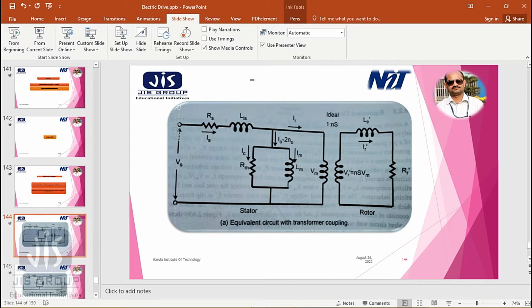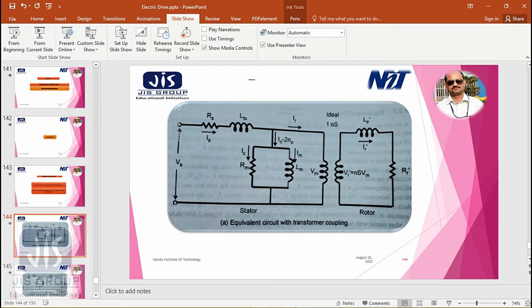We can consider this as a rotating transformer. Okay, so if you see, the equivalent circuit of an induction motor is very similar to a transformer in short circuit condition, except for these parallel branches.